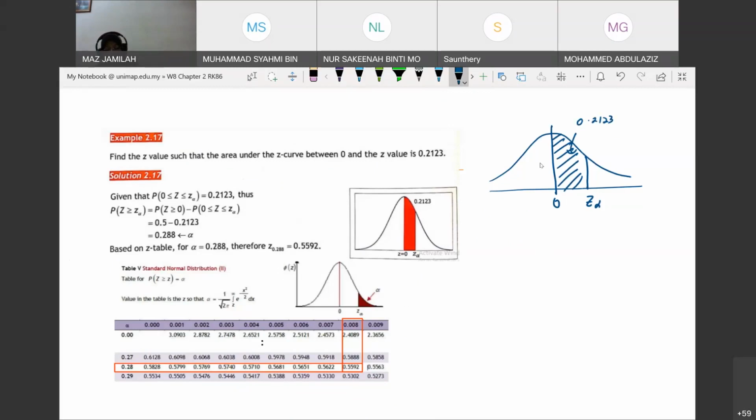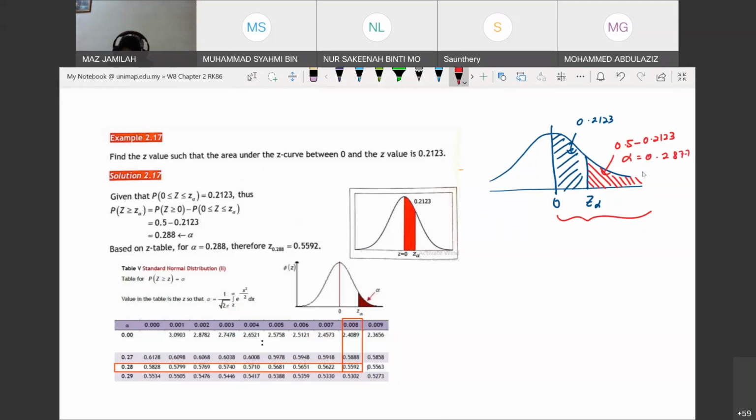Since we need to use the upper tail table, we are referring to the probability value here. How can we find alpha here? Easy, because half of this is 0.5. So 0.5 minus 0.2123, you will get alpha, which is 0.2877.